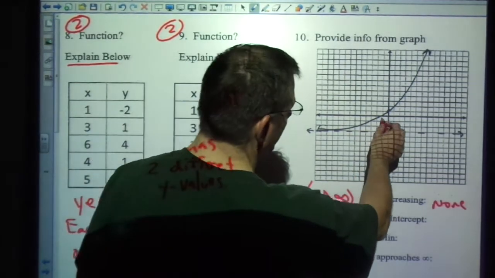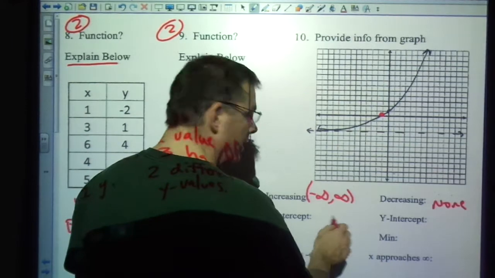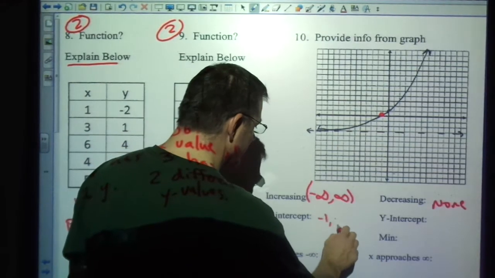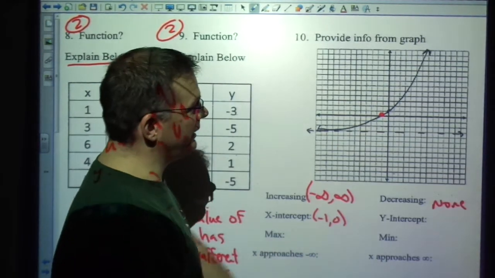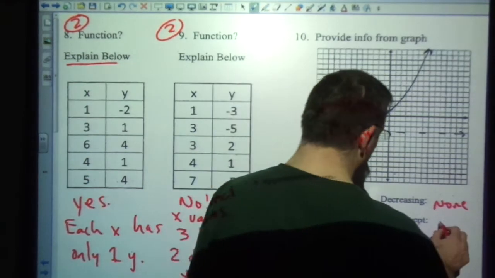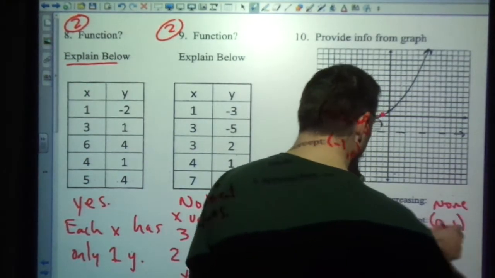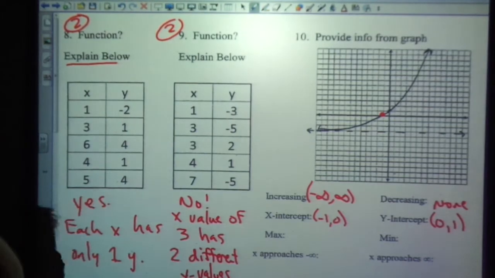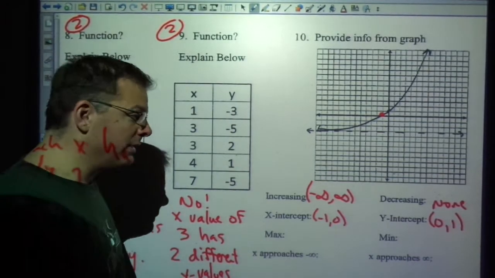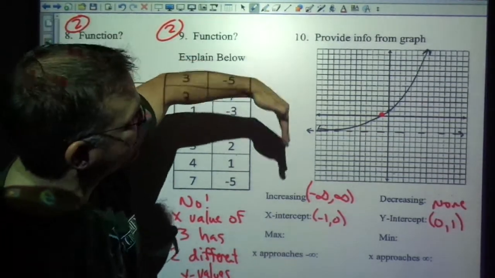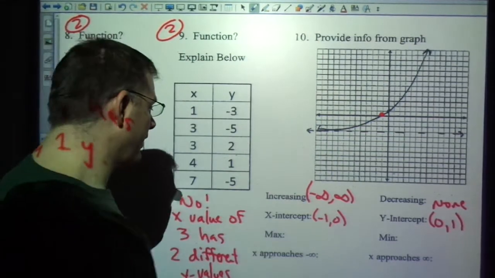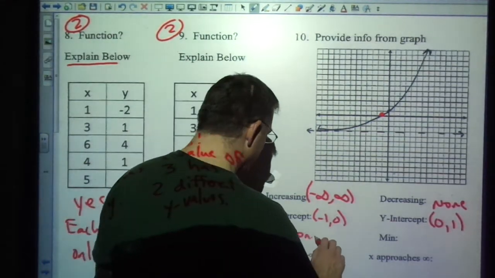Looks like it's right about here. -1. That is a coordinate, -1, 0. Where is the y-intercept? +1. So 0, +1. Does it have a max or a min? No. Because it's not coming up and curving, it's not coming down and curving and going back up. This one has neither.